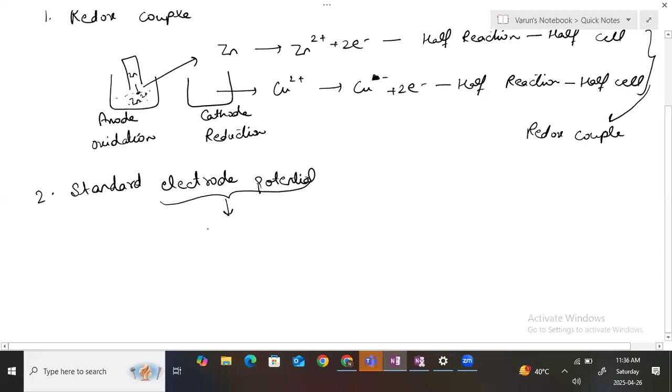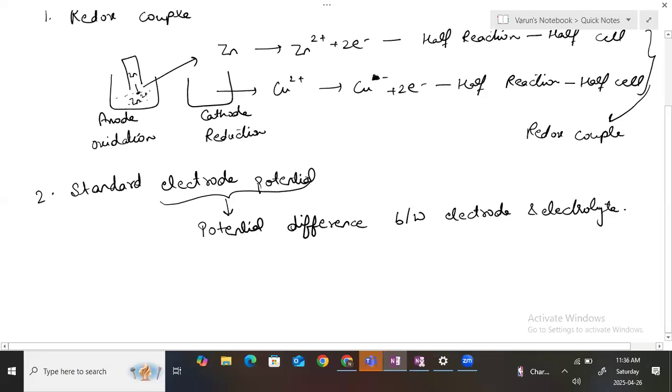Basically, that potential difference between the electrode and electrolyte is the electrode potential. Is it clear? Yes, ma'am. For example, we can see in the case of Daniel cell.